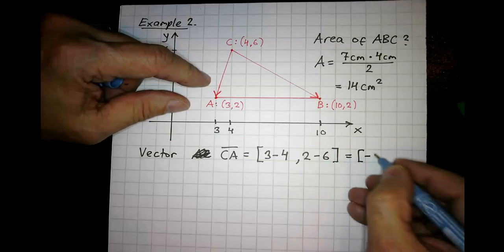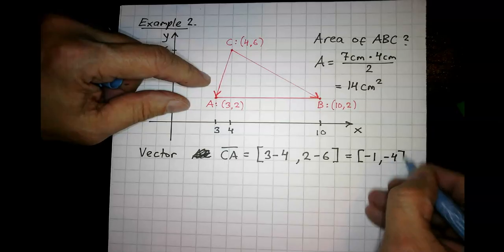This will give us the vector minus 1 and minus 4.